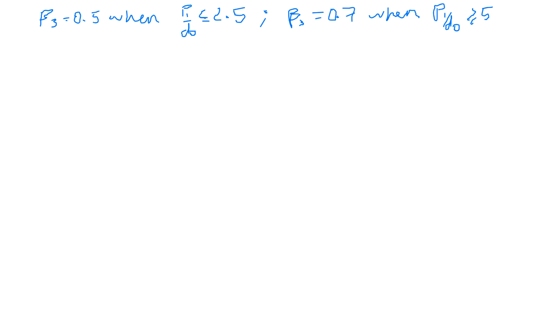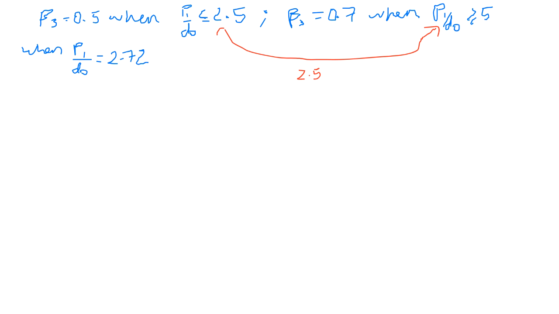So, we said we have P1 divided by d naught equal to 2.72. So that's a little bit higher than that. The difference between these two, between that and that, is 2.5. So that one to that one is 2.5 between the two of those.